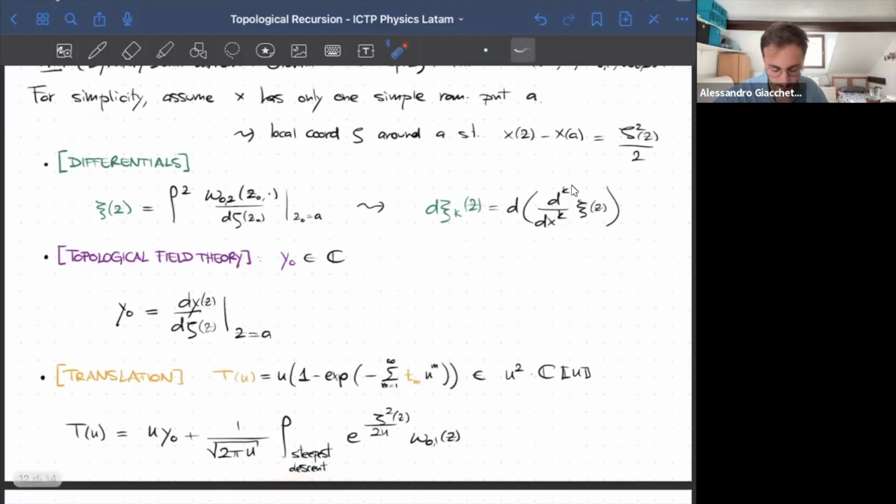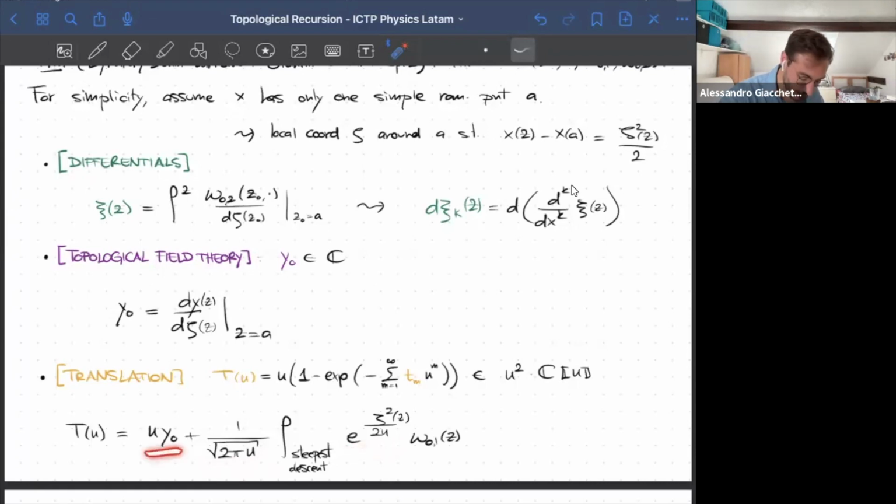a steepest descent integral of omega 0,1. So what I mean here by steepest descent integral is just the Laplace method applied to omega 0,1, which gives you a formal power series in u once you get rid of this square root of 2 pi u, which comes from essentially this Gaussian term.